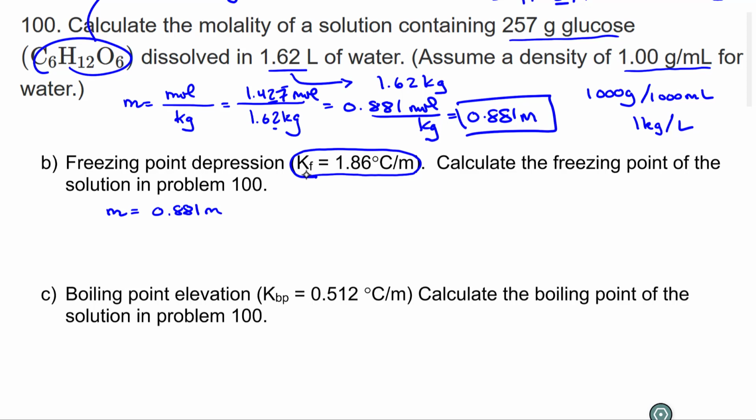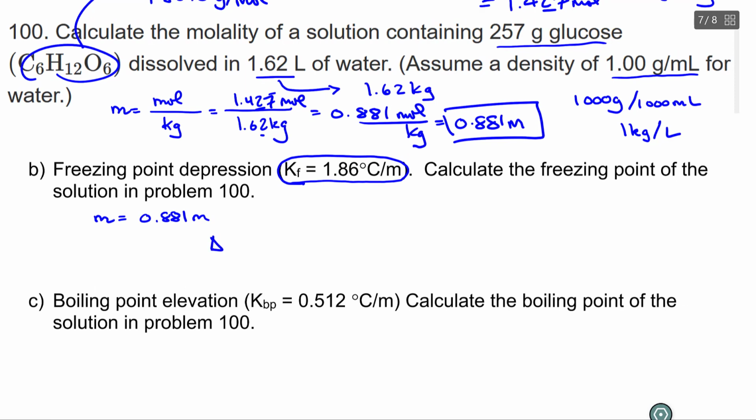If I want to calculate the freezing point depression, I could go delta TF is equal to 0.881 M times KF, 1.86 degrees Celsius divided by M, and so the M's will cancel. That gives 1.639, and it goes to 3 sig figs, so it'll be 1.64 degrees Celsius. Now, that's the freezing point depression.